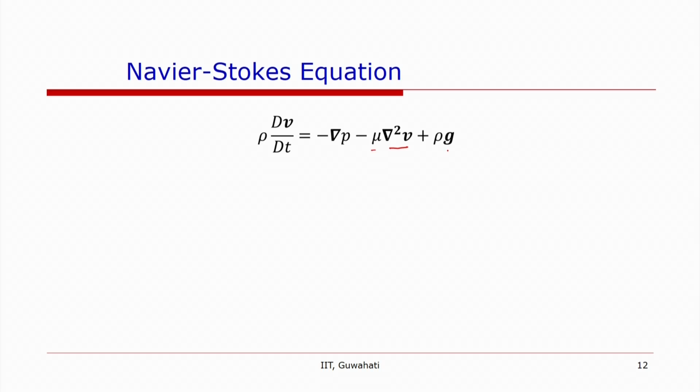So this is the Navier-Stokes equation, and the first term is known as the acceleration term, and it is a combination, as we just saw from the definition of the material derivative, of local acceleration, which is with respect to time, and the convective acceleration. And del P is the pressure gradient, or you can say it is a pressure term.